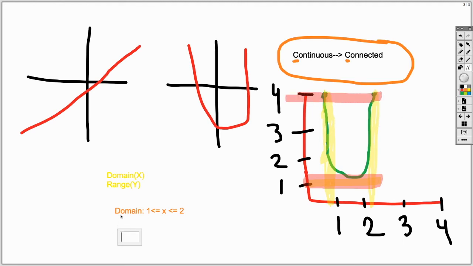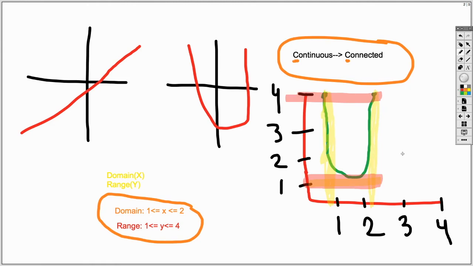Then I would write my range as range equals 1, greater than or equal to, since the dots are closed, right, for 2 of them, so it would just go closed. Then Y, since range is our Y values, and then less than or equal to 4. So that was our answer for continuous domain and range.